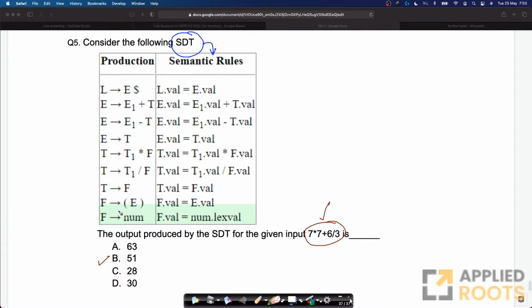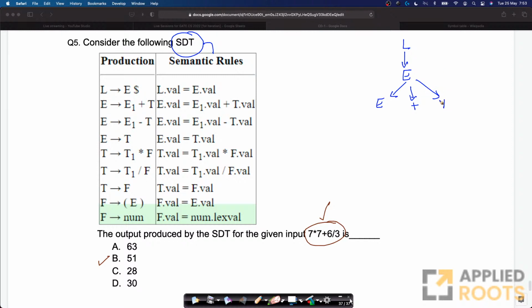So actually, let's use these rules to construct the whole tree. L generates E. Let me draw it slightly smaller so that we can use the space here. L generates E. Just draw the parse tree, basically the parsing tree.